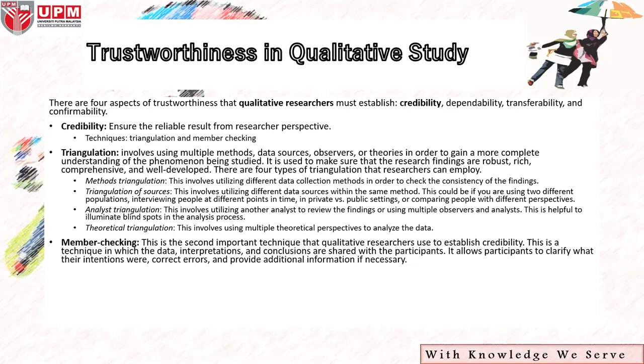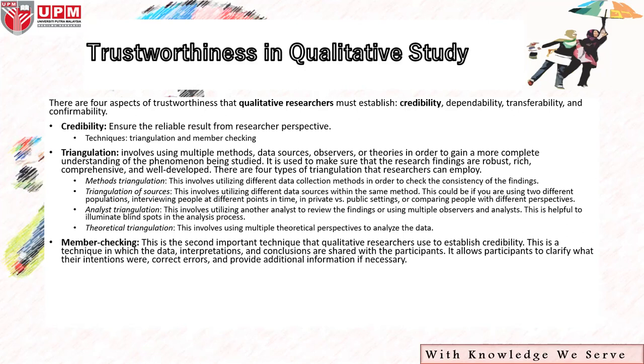Basically with triangulation you use at least 3 methods to reconfirm your findings, to ensure that your findings are consistent. We verify the findings that we collected from our respondents with other sources. So at least we use 3 methods. That's why the name is triangulation. It is used to make sure that the research findings are robust, rich, comprehensive, and well developed.